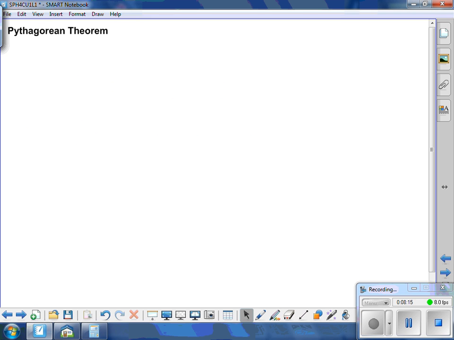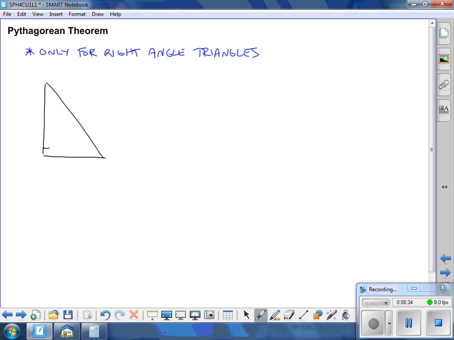Pythagorean theorem, only for right angle triangles. For any right angle triangle, we have the relationship with sides A, B, and C. C is always the hypotenuse.